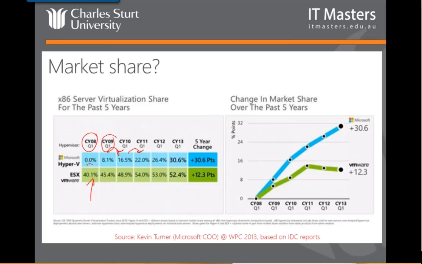By the way, in the meantime, ESX was also growing. Why? Because virtualization started to be the main platform, right? And in 2013, I don't have the figures for 2014, Microsoft reached around 30%. So in 5 years, they had around 30% growth, where VMware grew from 40 to 52, which is around 12%.